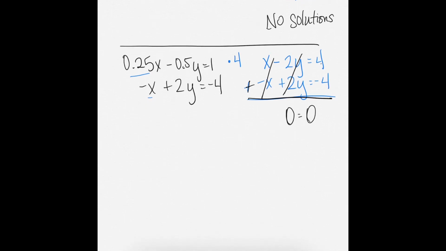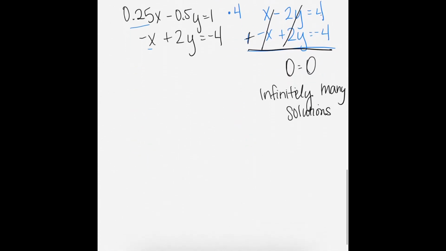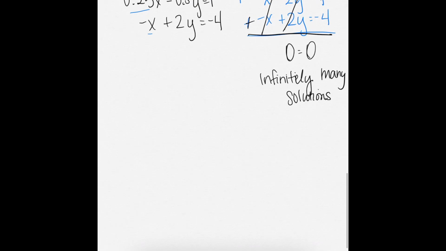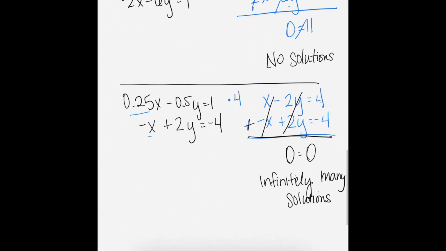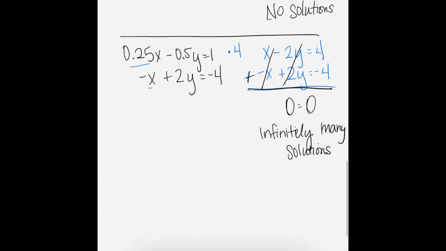This is a true statement, so for this reason, we are going to say we have infinitely many solutions. So that's analytically what that would look like if we had no solutions and infinitely many solutions.